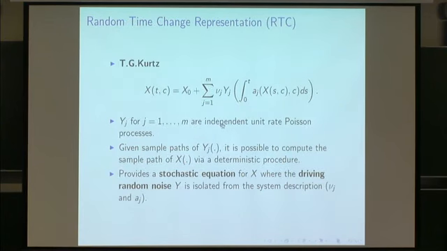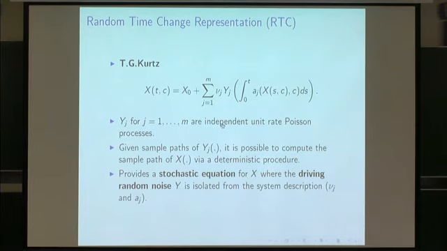Before I go there, I want to mention the same equation that Tom showed yesterday, which is the random time change representation. Here, these y_j's are unit rate Poisson processes. The nice thing here is that the y_j's don't know anything about the parameters, so they are independent of the parameters.